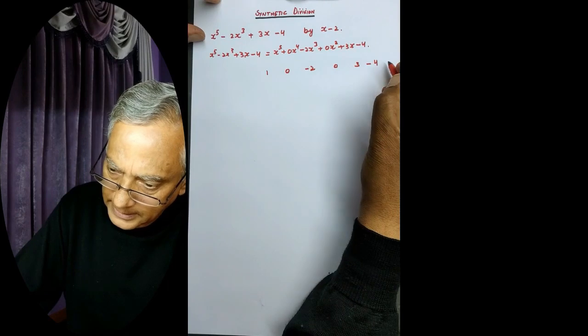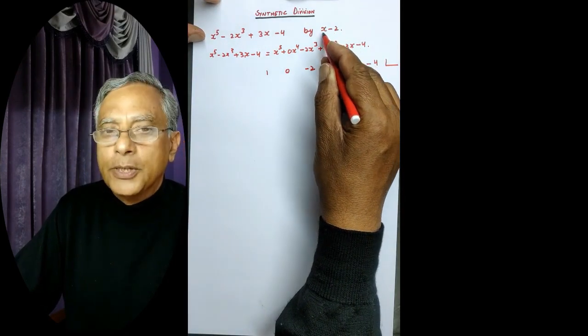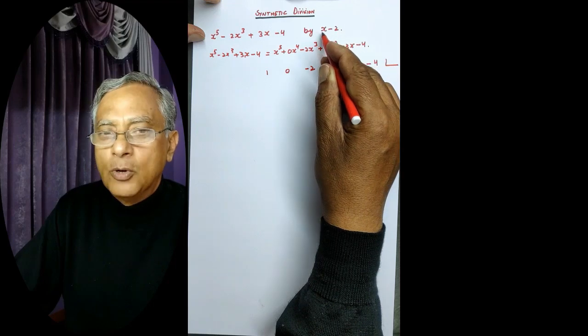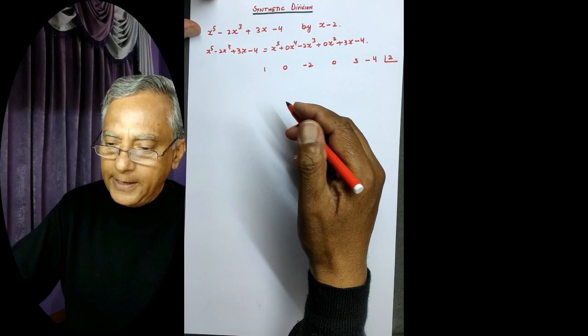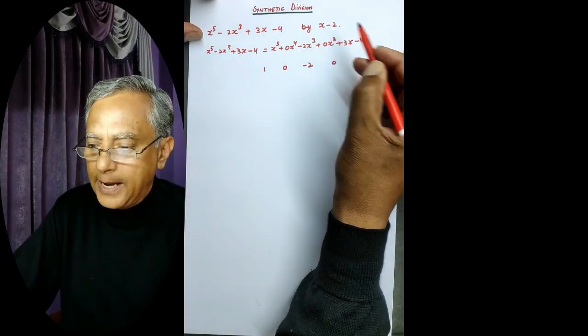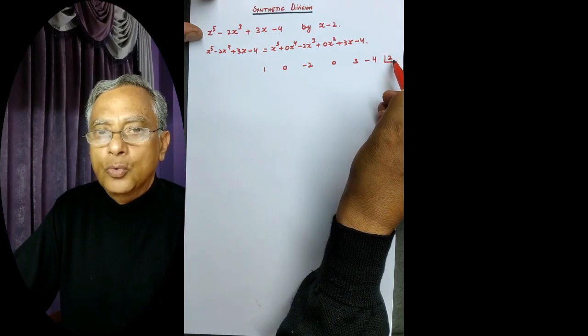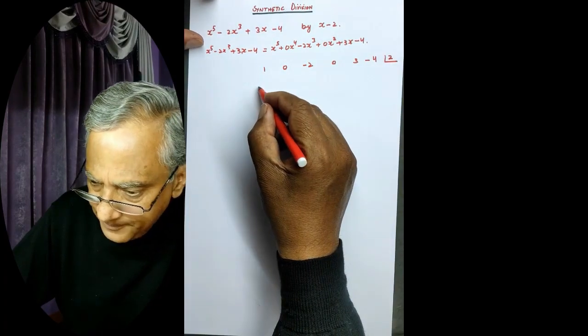And write the divisor. If this is x minus 2, then put this equal to 0. This will give x equal to 2. So write 2 here. If it is x minus 2, write 2. If it is x plus 2, write minus 2.